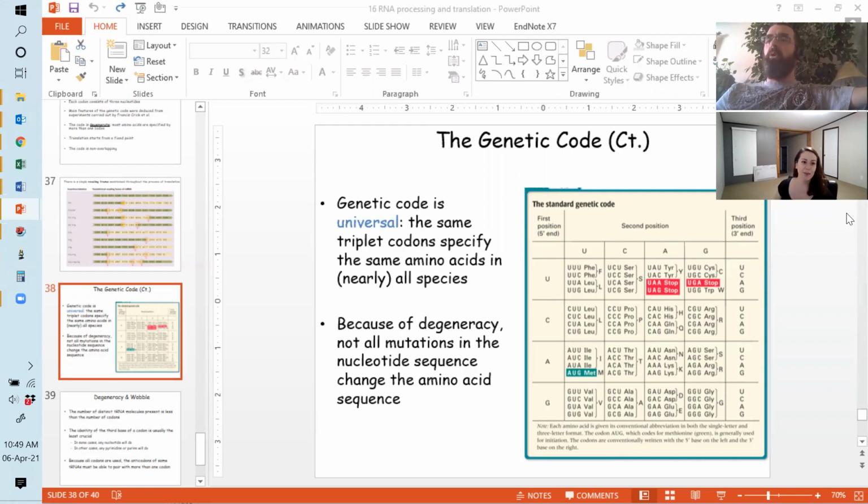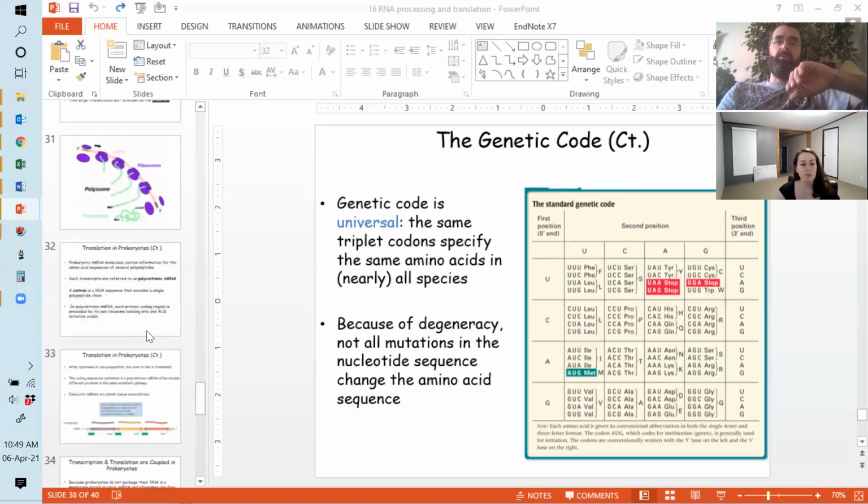There are multiple steps after polypeptides are produced before you get a functional protein. You have to take that primary sequence of amino acids and fold it into a complex three-dimensional shape.